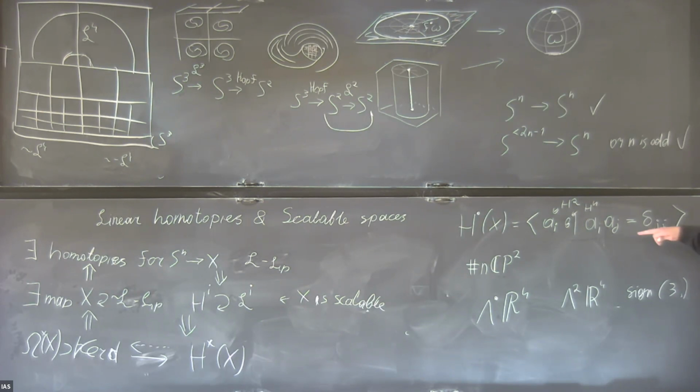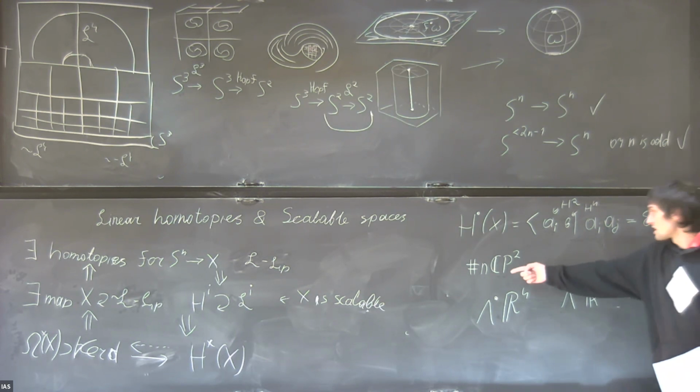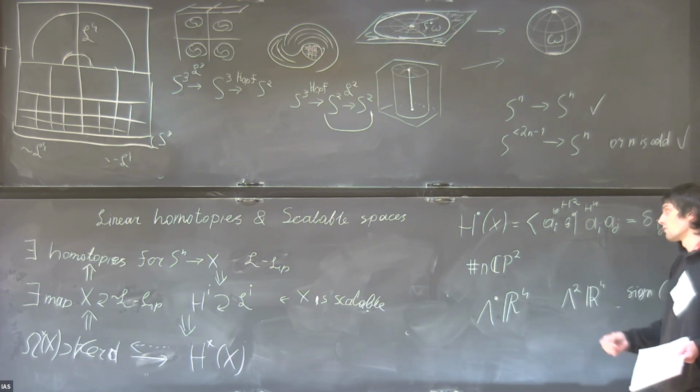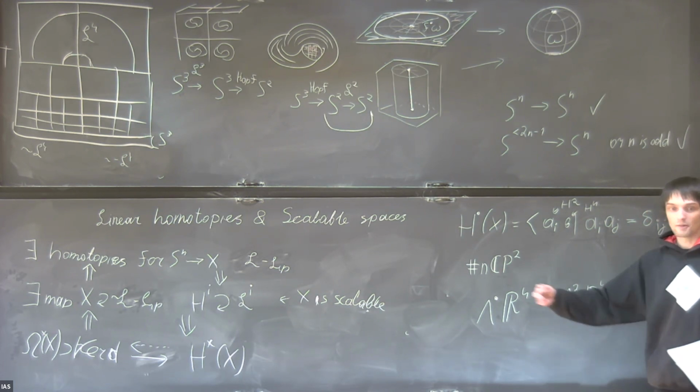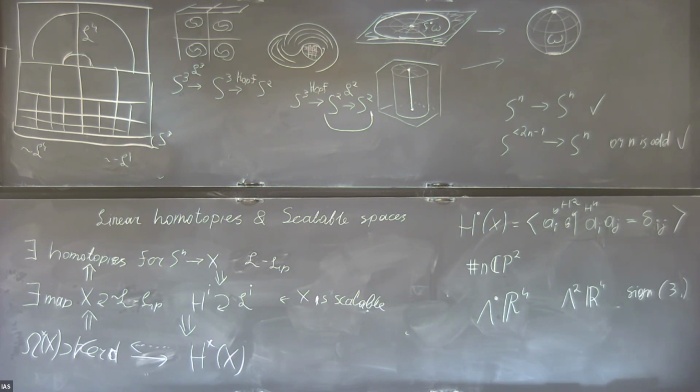So I can fit there up to 3 generators, but no more. And that means that connected sums of CP2 are scalable for up to 3 copies of them, but starting from 4, they are not. And you can find straightforwardly homotopy classes that do not have linear Lipschitz homotopies there.